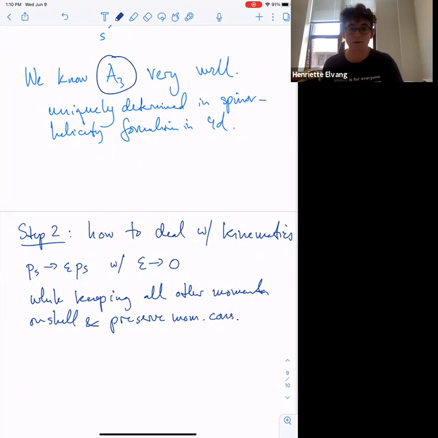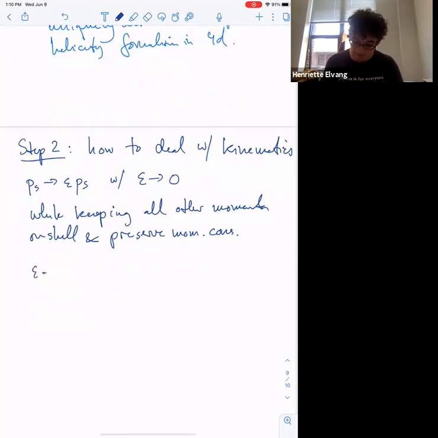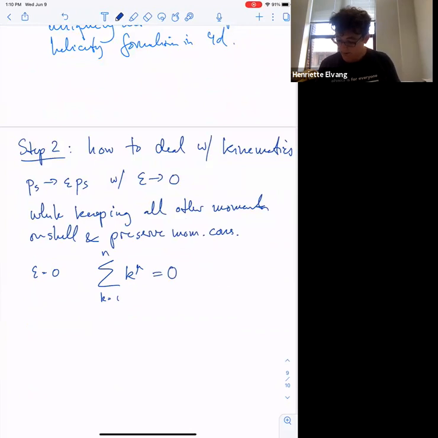But this is of course tricky because in the limit where epsilon is 0, I must have that the sum of all the other momenta of the n other particles is 0. In other words, I need to have that this property here holds. This must be 0. So how can I, for epsilon not quite 0, keep momentum conservation?